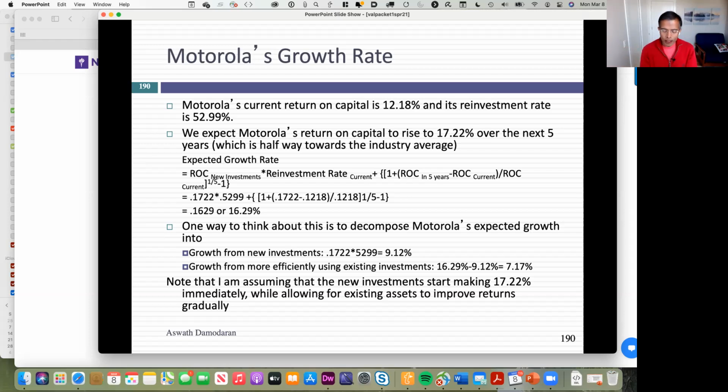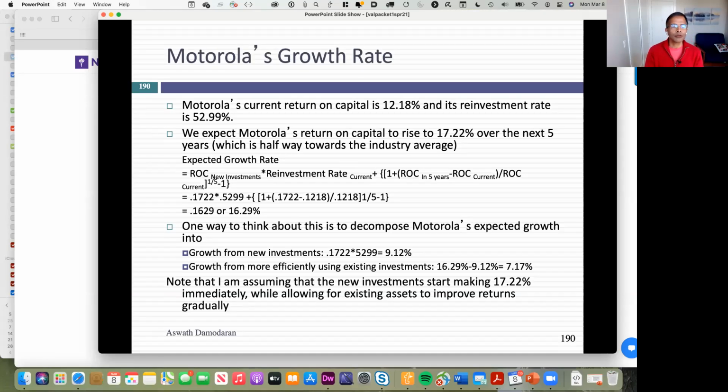Let me pause right there. They're about 12.18%. I think they can get to 17.22%. That's a 5.04% increase in my return on capital. If you take the 5.04% change and divide by the 12.18%, that's like a 40% growth I'm going to get over the next 5 years, simply because the company is going to get more efficient, 40%, over 5 years.